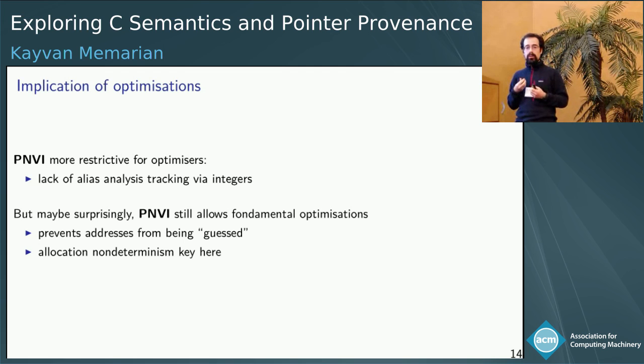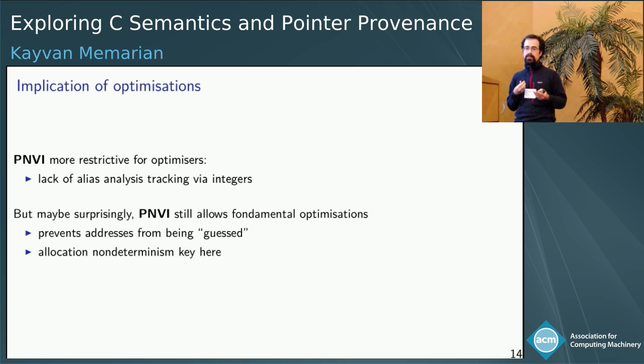But for PNVI, you could think that this might be very restrictive for the alias analysis, because since we're not tracking provenance in the integer world, a priori alias analysis cannot do anything as soon as you cast things to integers. And you may think that you could write a C program where you just put a constant which somehow guesses the address of an object.